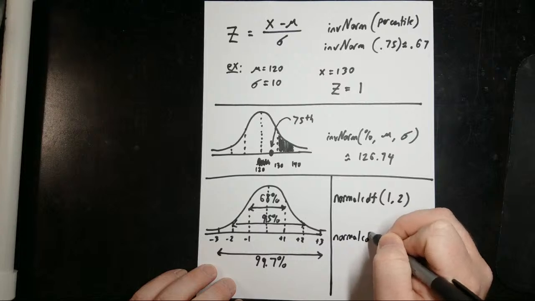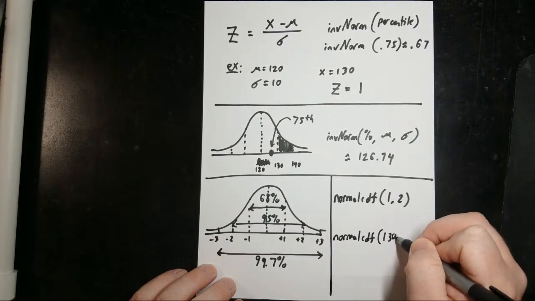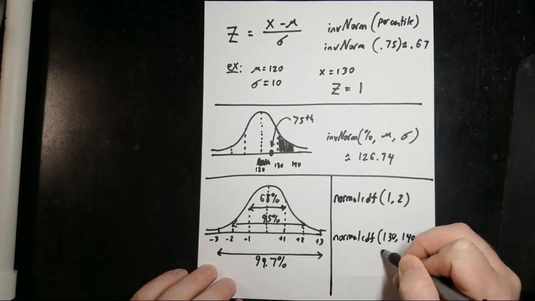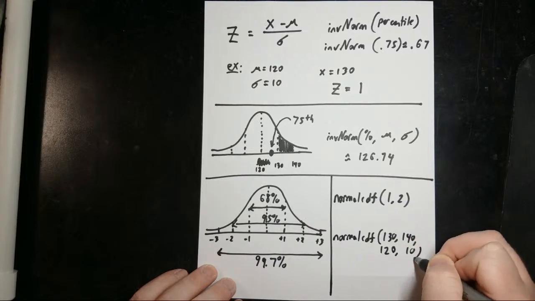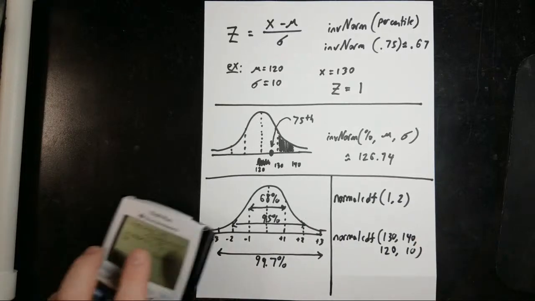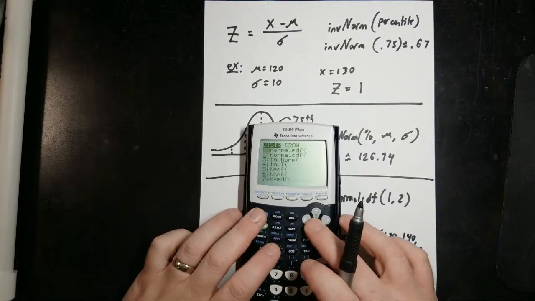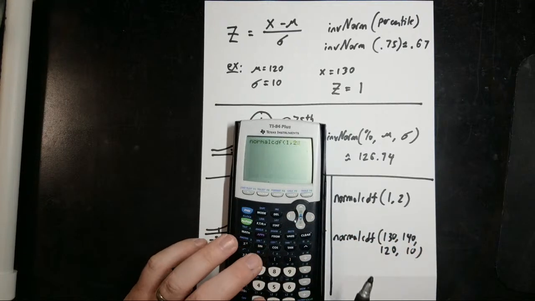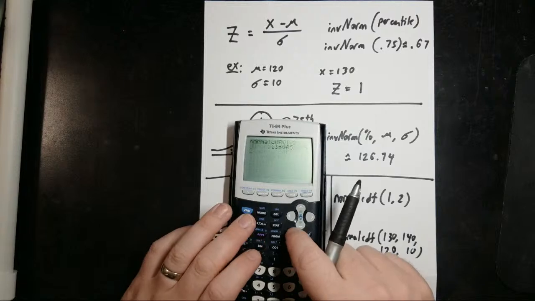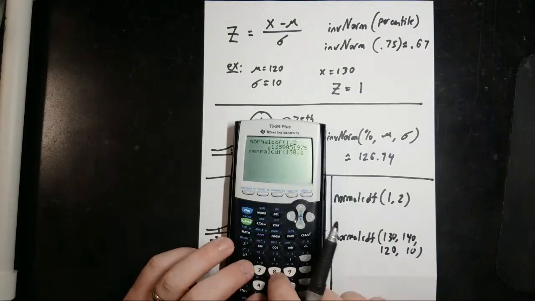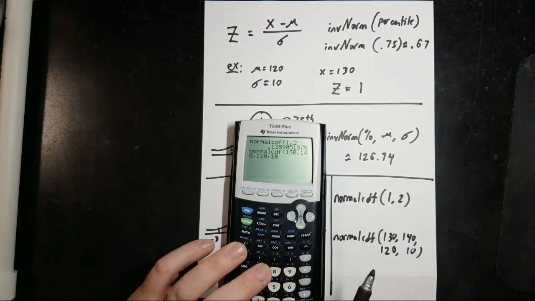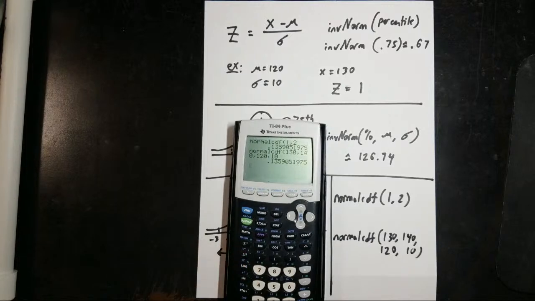Or you could do normal CDF 130, 140, 120, 10 in order to include the mu and standard deviation. Either one spits out that percentage, the exact same probability.